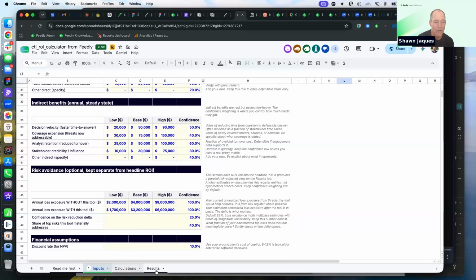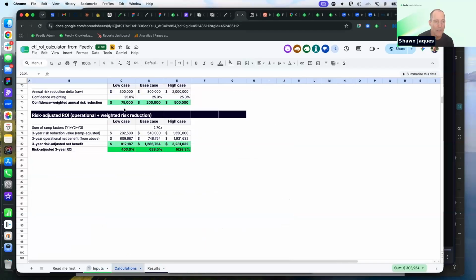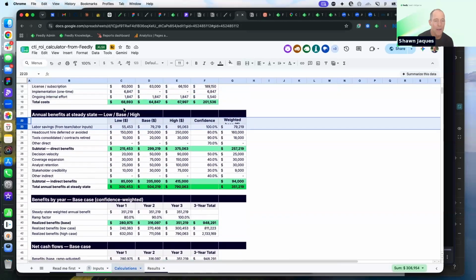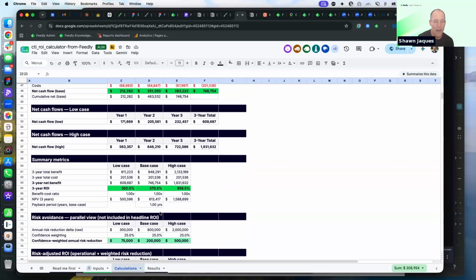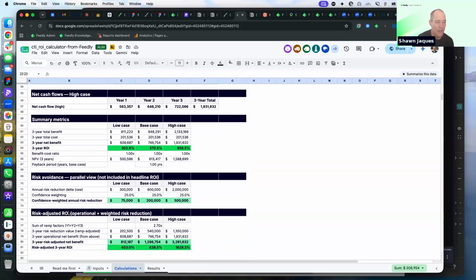If I go to the calculations, you'll see how they show up. This is built on a 3-year model, so if you have licensing every year, that licensing shows up in different years. And then finally, the risk adjusted ROI has a separate section.